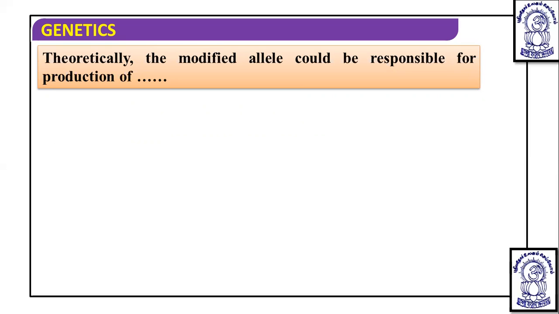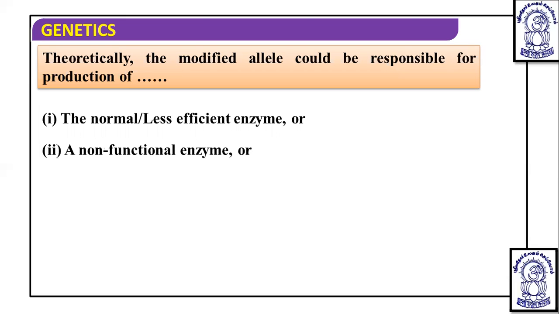Now, if modification happened in the dominant allele, it is not always such that the phenotype changes, because the modified allele could be responsible for the production of a normal or less efficient enzyme. The allele is modified, so it is not the wild or original one. But it can produce a normal or less efficient enzyme. It can also produce a non-functional enzyme.